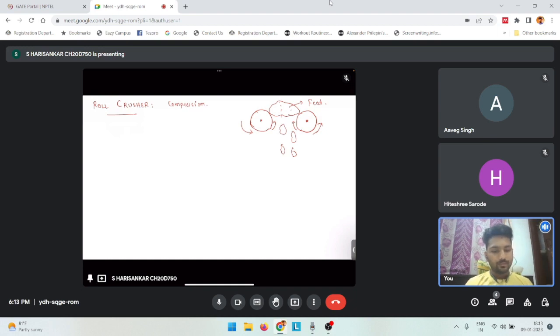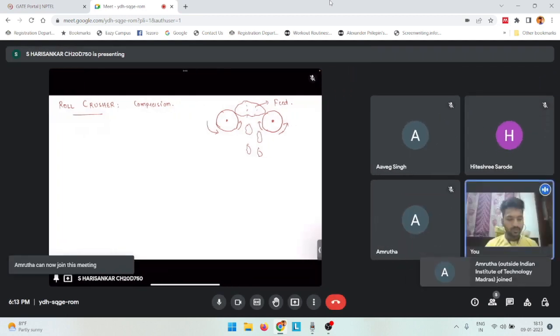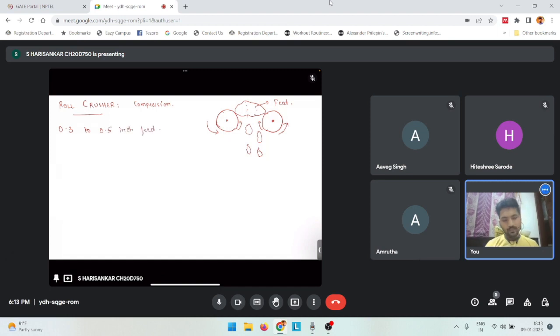Usually you can feed roll crushers with a feed ranging from 0.3 to 0.5 inch. On the outcome you can get products which are very small, in the range of 20 mesh size.